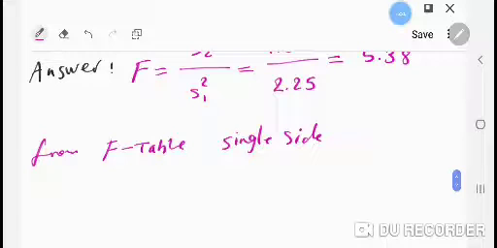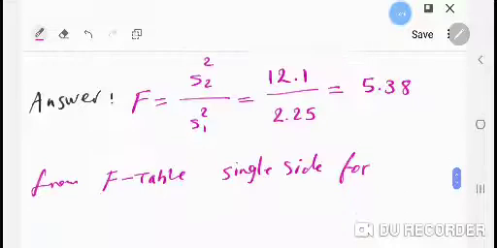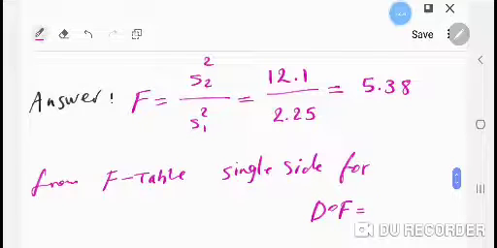Therefore, that is a one-sided test. The F-test depends on two degrees of freedom, of sample 2 and sample 1, for degrees of freedom 10 and 11.